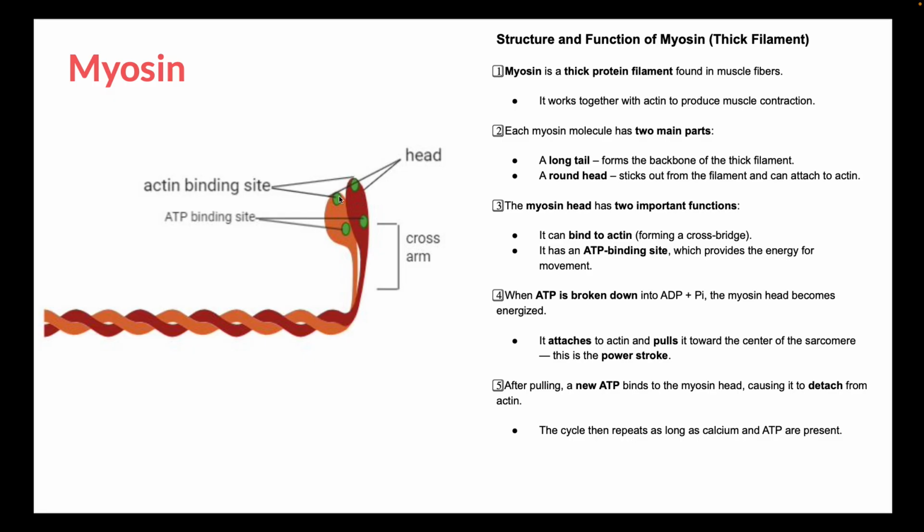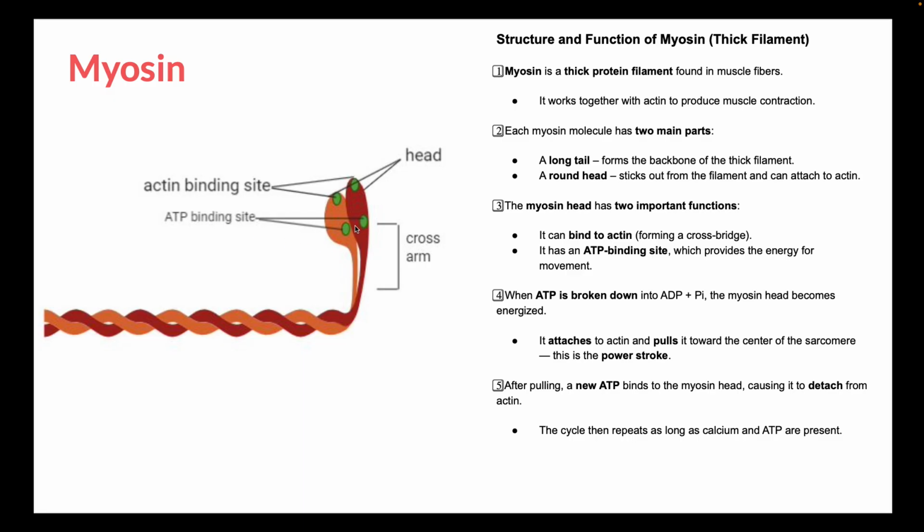One binding site is used to bind to the actin, and the other is used to bind to energy, that's ATP, adenosine triphosphate.